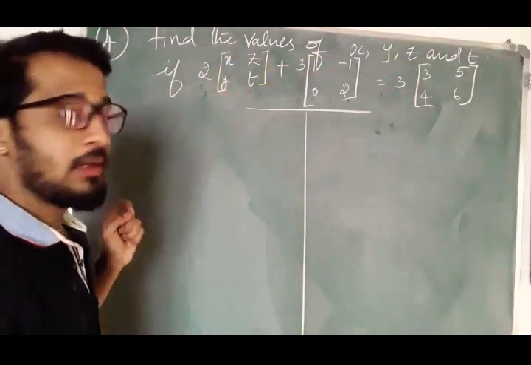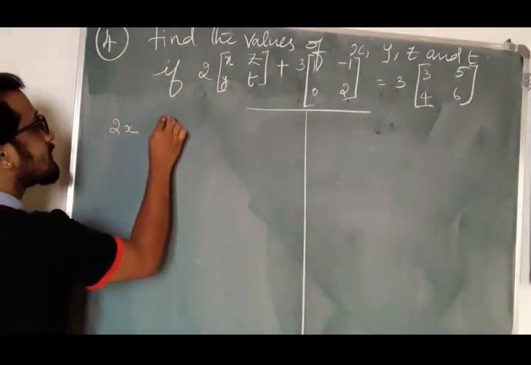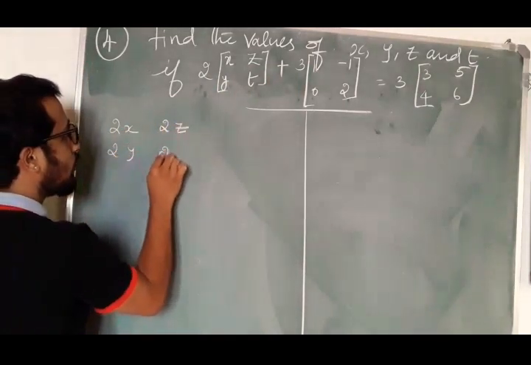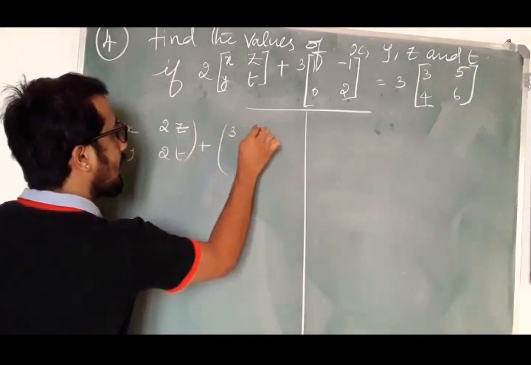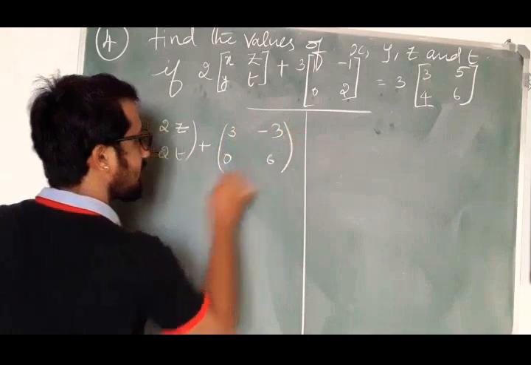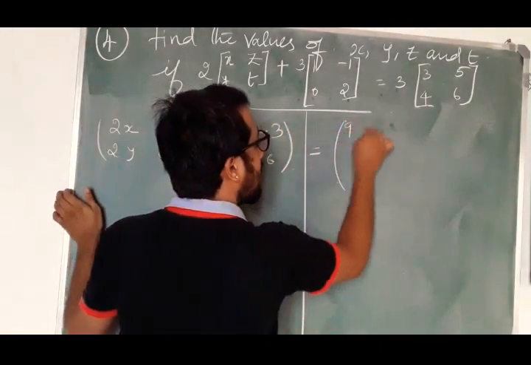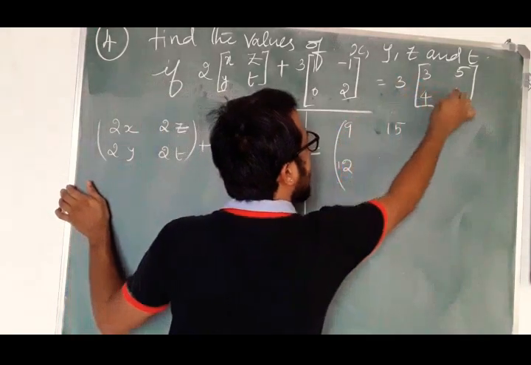Yes or no? That means I can write [2x, 2z, 2y, 2t] plus [3, -3, 0, 6] is equal to [9, 15, 12, 18].